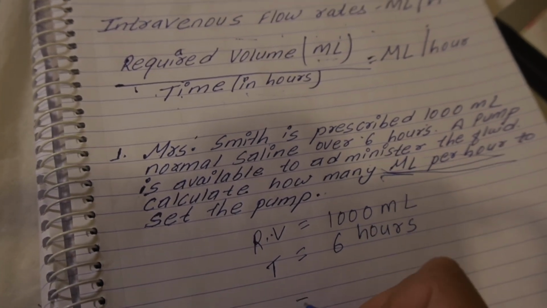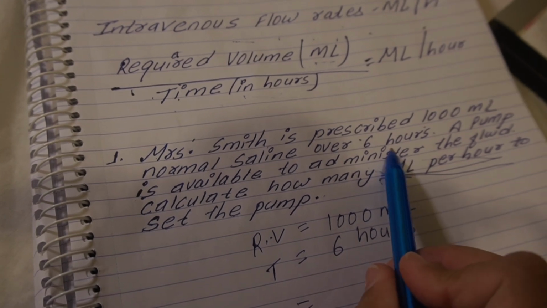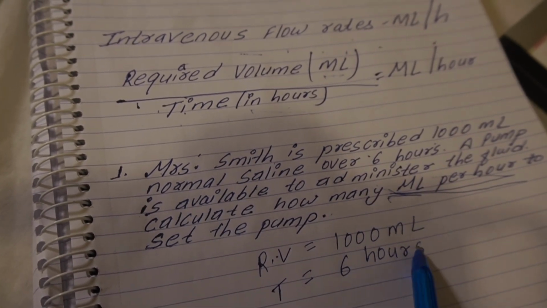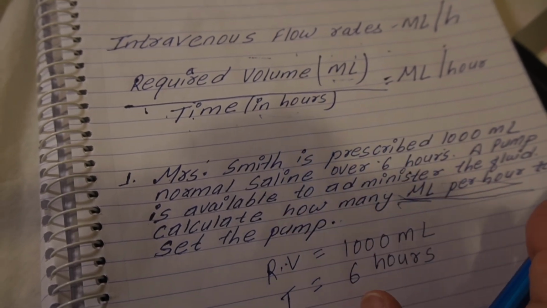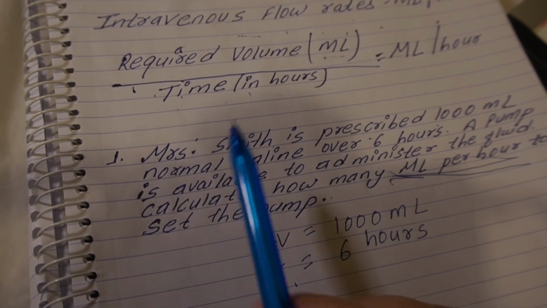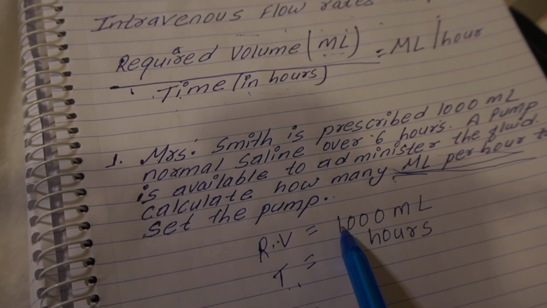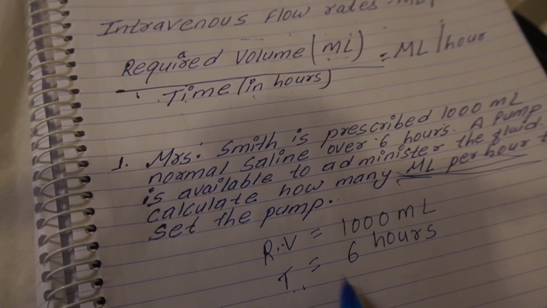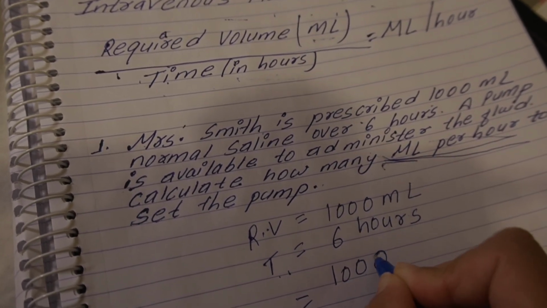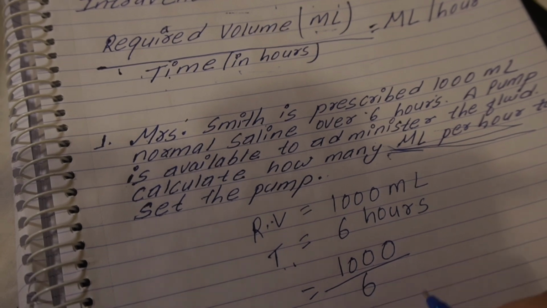It's already in hours and already in ml, so we don't need to do anything. We have everything we need: required volume and time. Now we divide 1000 by 6.